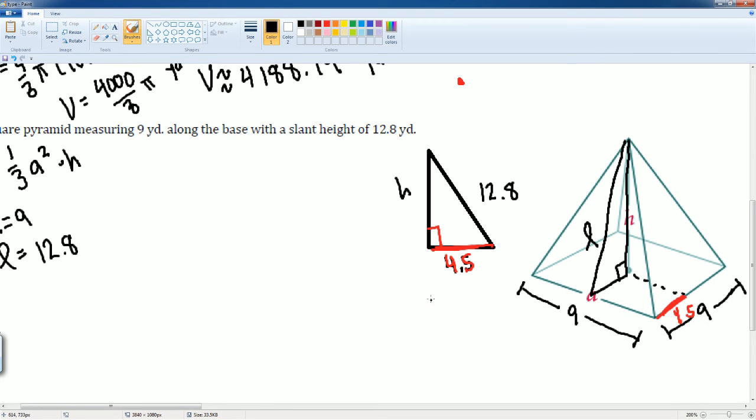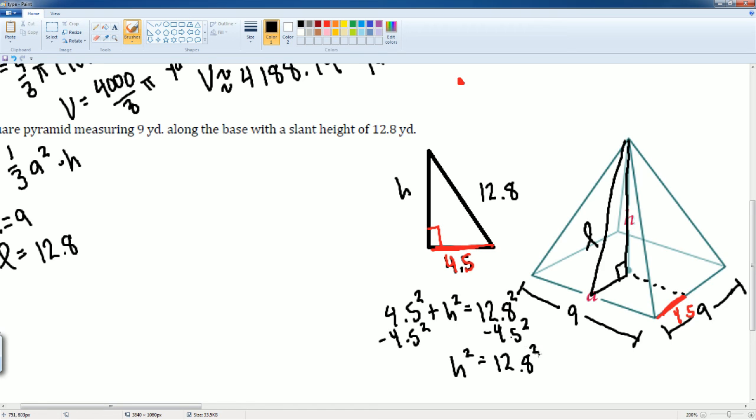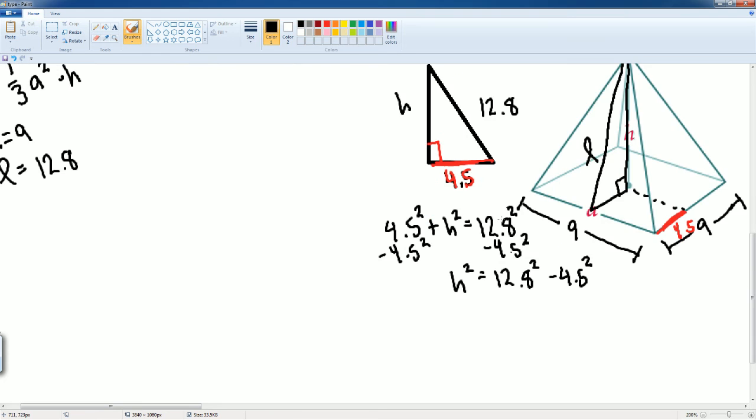So again, set up the Pythagorean theorem. 4.5 squared plus h squared is equal to 12.8 squared. So subtract 4.5 squared from both sides, leaving you with h squared is equal to 12.8 squared minus 4.5 squared. Square root to get h alone.